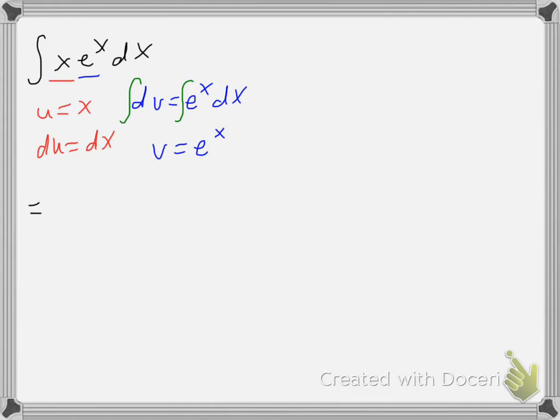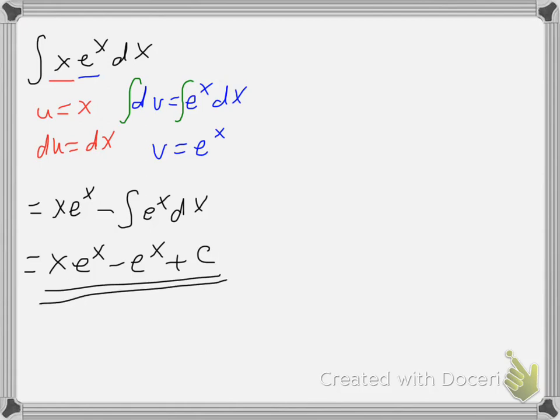So now, using the integration by parts formula, I'm going to take the product of u and v, so this is going to be x e to the x minus the integral of v du, so that's going to be e to the x dx. Well, the antiderivative of e to the x is just e to the x, so my final answer will be x e to the x minus e to the x plus my arbitrary constant of c.